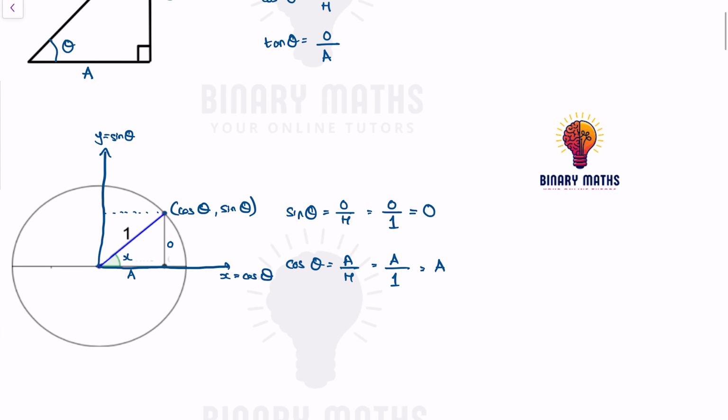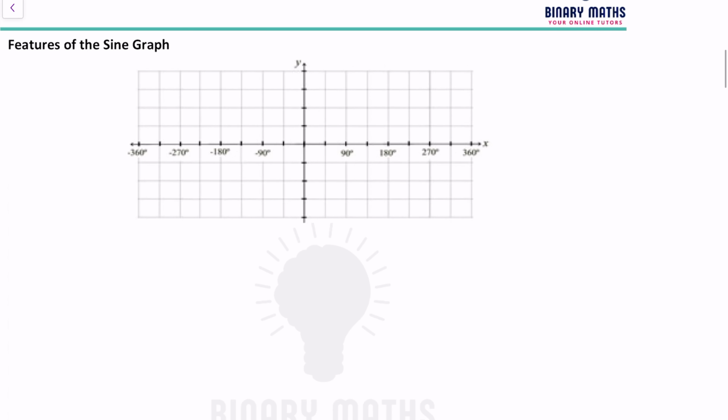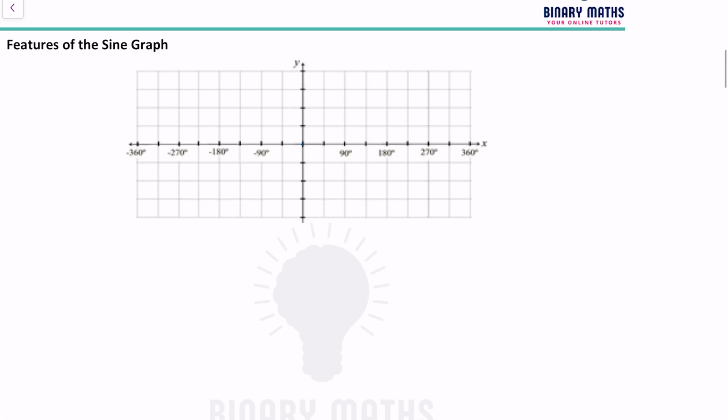So if we were to write this out formally, the features of a sine graph. The sine graph, remember, starts off at 0. If I call this 1, and I call this -1, it reaches 1 at 90, reaches 0 at 180, -1 at 270 and 0 at 360.